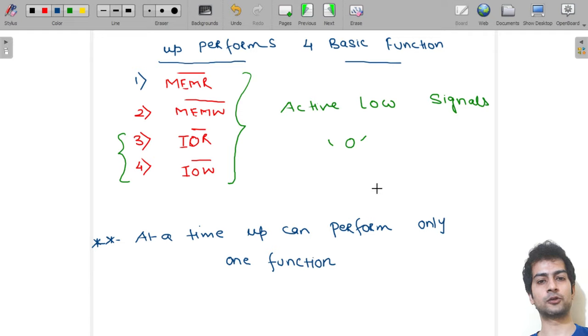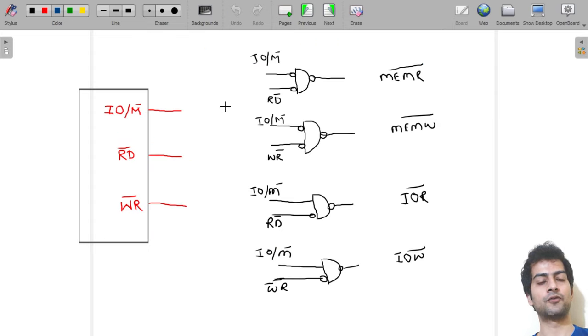It is performing 2, 3 functions at a time, but it is not so. It can perform only one function at a time, and using this concept, we have introduced multiplexing, in which for performing 4 functions we have used only 3 pins, in which we have a multiplexed selection of input, output and memory through a single pin.